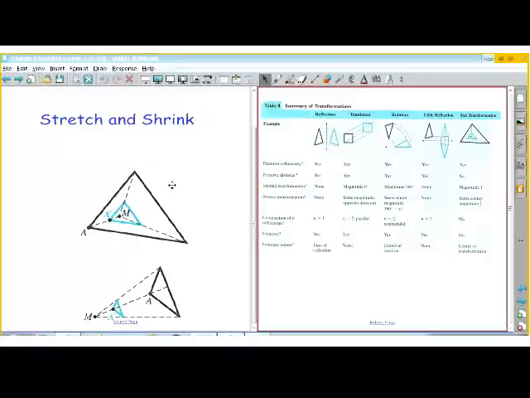And the final transformation you can do is to shrink or stretch things. This example is kind of like a three-dimensional, well, actually it's not a three-dimensional triangle. It is a large triangle, and this is the middle of the triangle. These dashed lines represent the middle of the triangle.